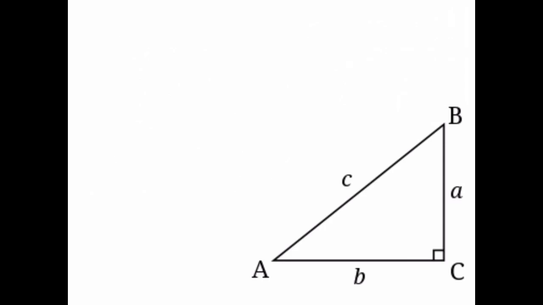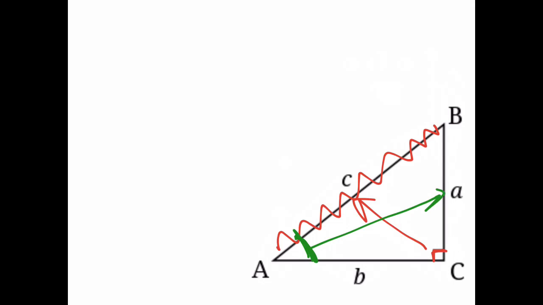So in this triangle here, remember, our right angle is out and our side opposite our right angle is out. So if we were to go from angle A here, the tangent would be the opposite over the adjacent.